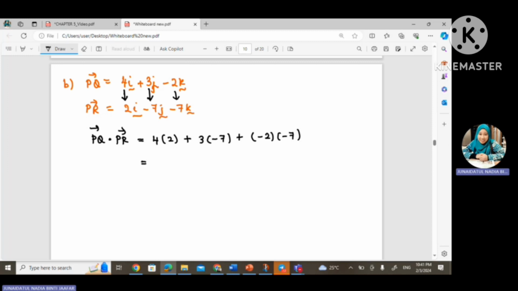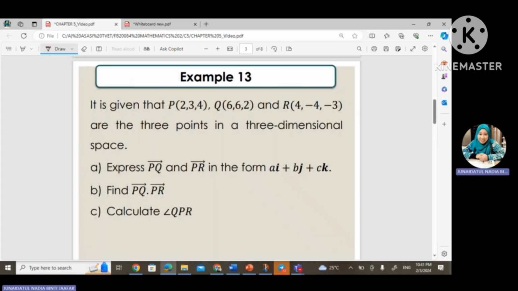So we will get the answer equal to 1. So PQ dot PR is equal to 1. Then for the last question, question C, we must calculate the angle QPR.